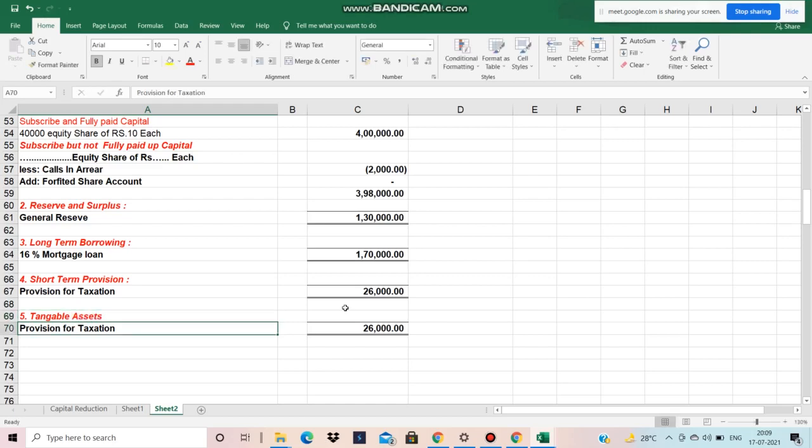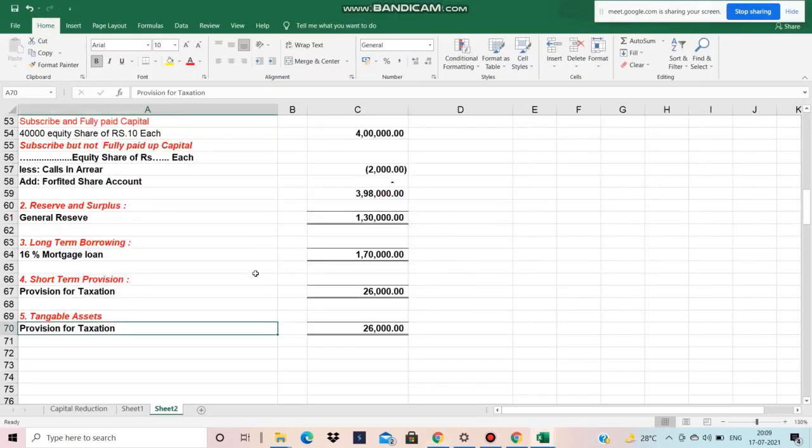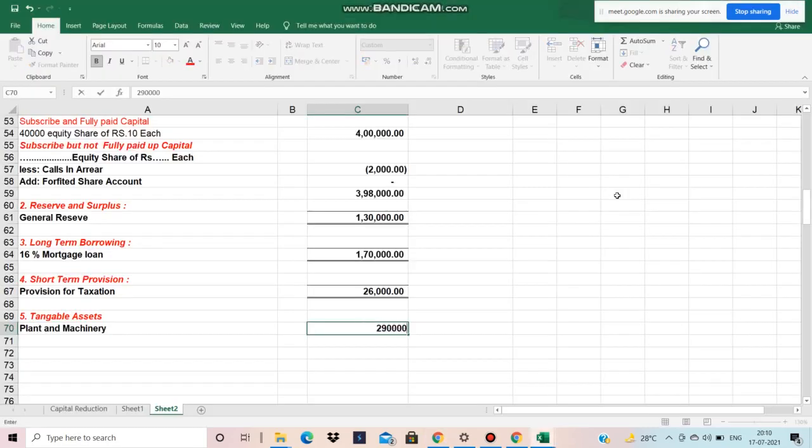Under these tangible assets, plant and machinery are there. So you have to write plant and machinery. So what is the value of plant and machinery? 2,90,000.